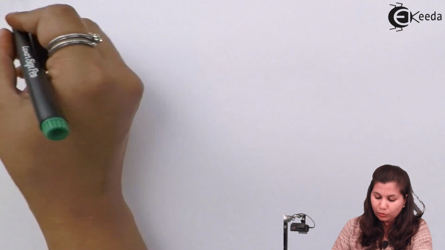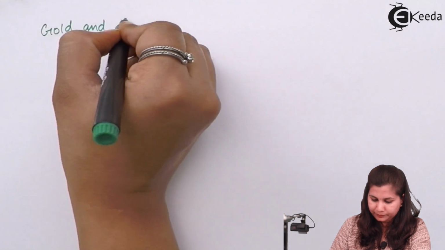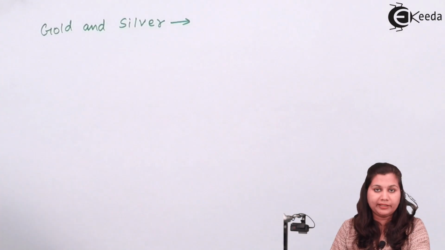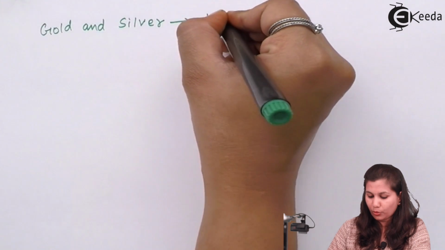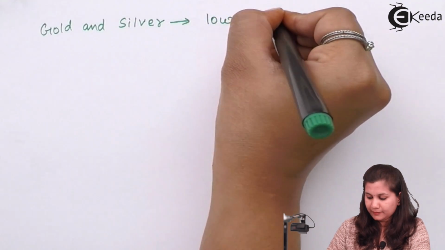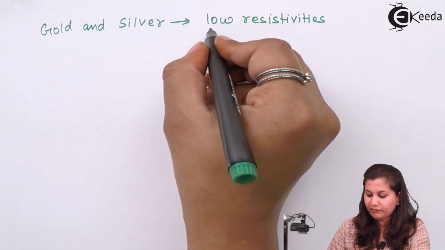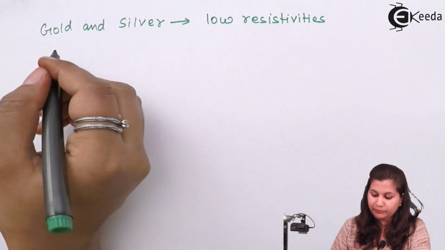Now, as I have said, mostly platinum is used for the construction of the RTD, but other than platinum, gold and silver are also rarely used for the construction of RTD on account of their low resistivities, because gold and silver have a very low value of resistivity, so they can also be used sometimes.